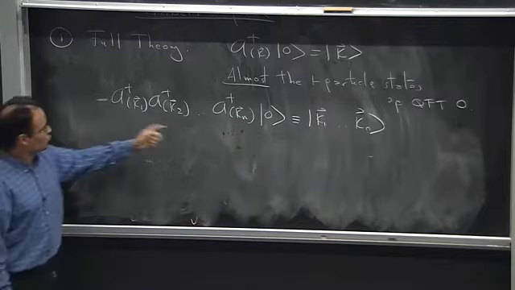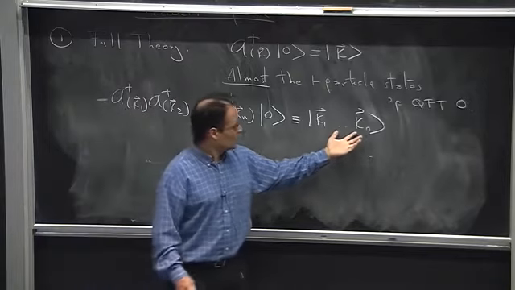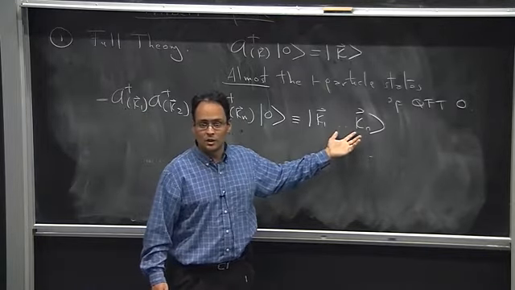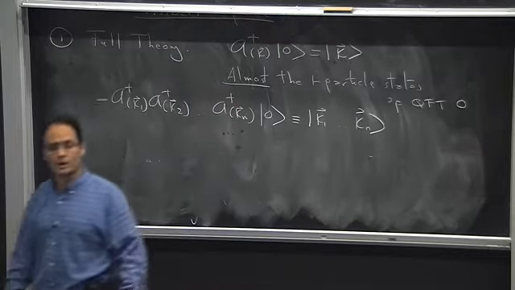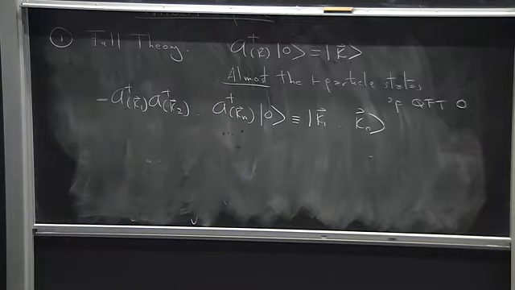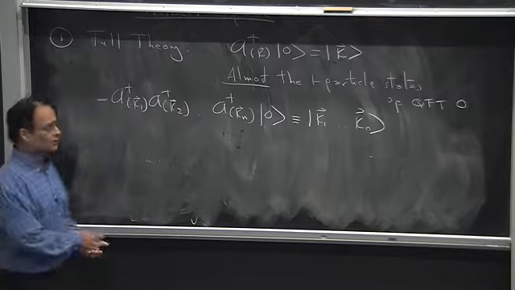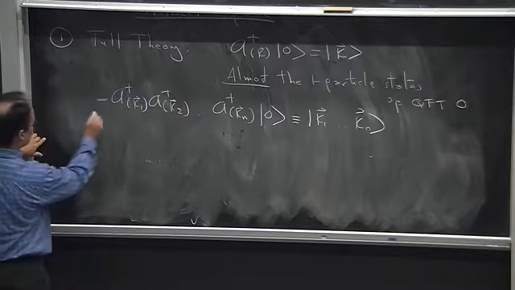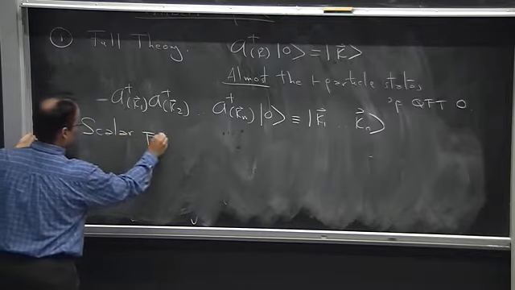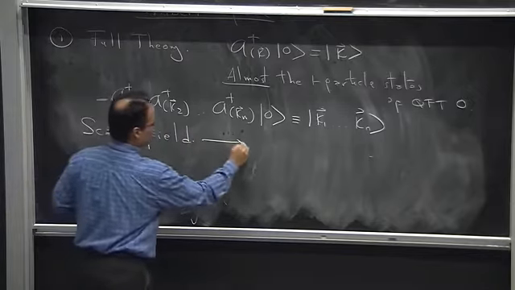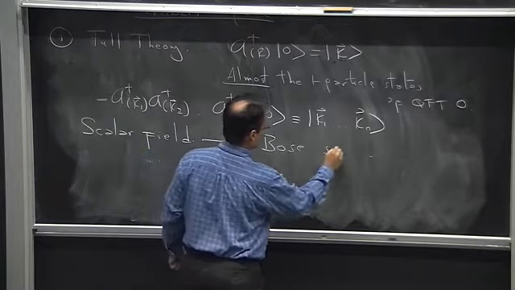Something interesting is that whatever this wave function is, it has to be symmetric in the exchange of labels. Why is that? Because our field quantization told us that these a-dagger operators commute among themselves. So we just learned that quantizing a scalar field leads to a system with Bose symmetry.